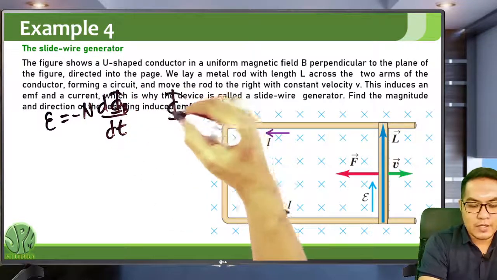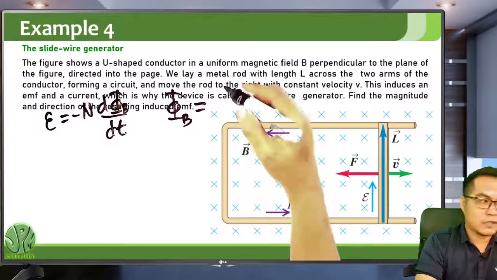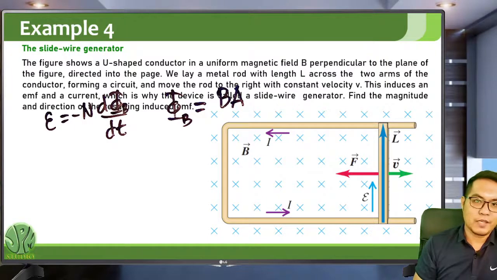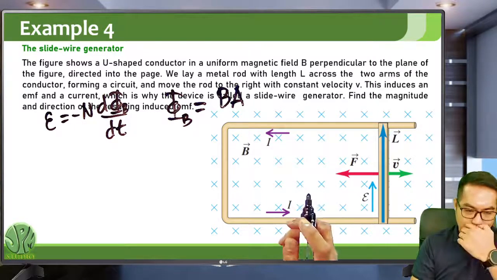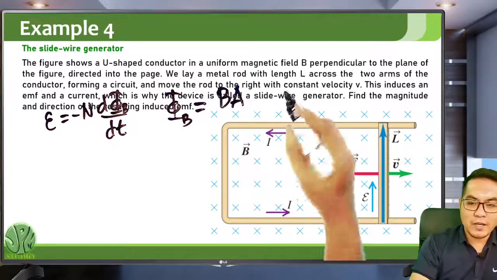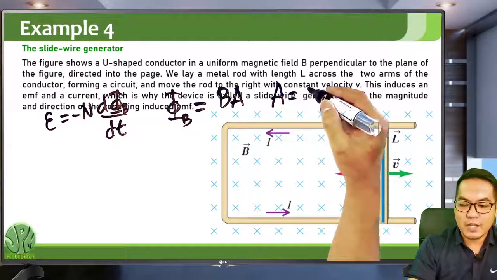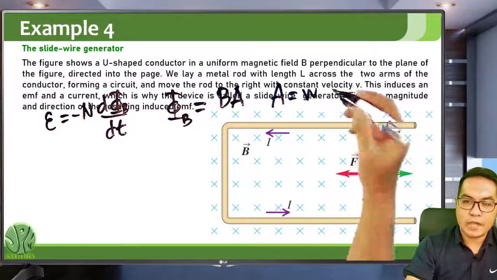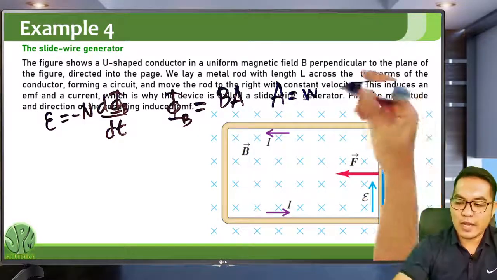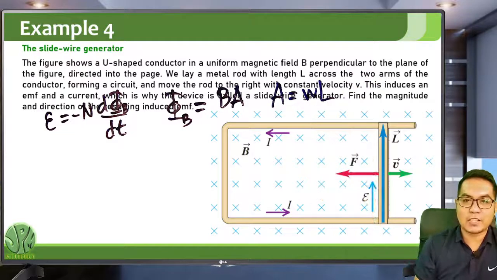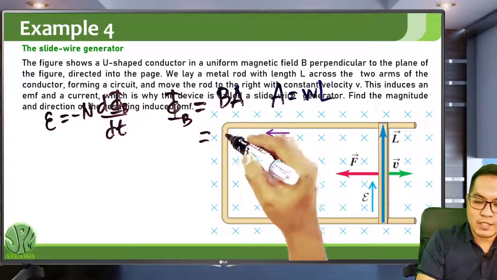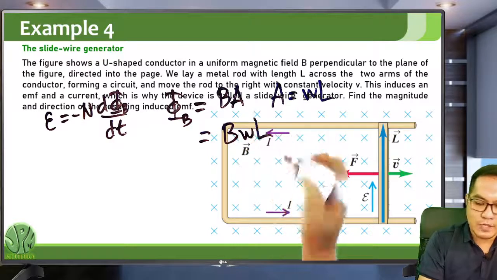The flux in this case is just B times A, since the magnetic field and the area are in the same direction, into the page, and the area is the width times the length. The length is constant, but the width is changing.